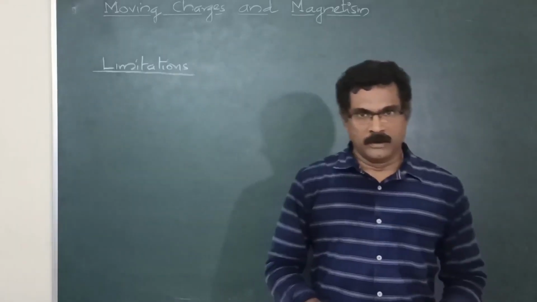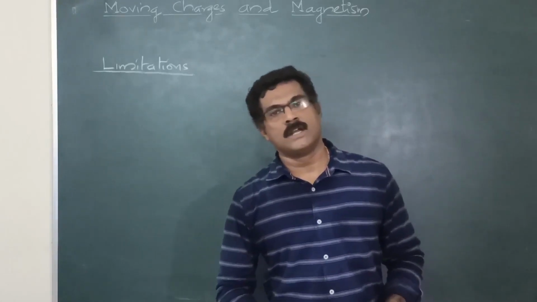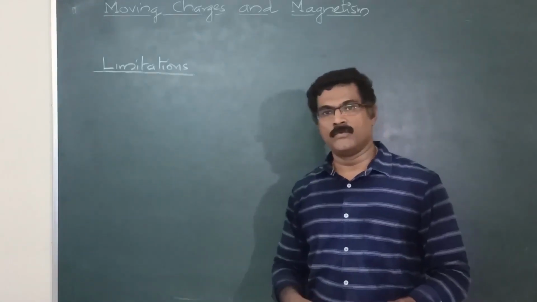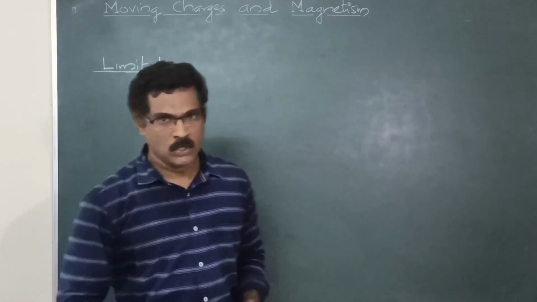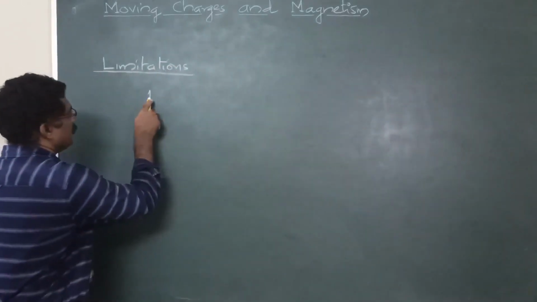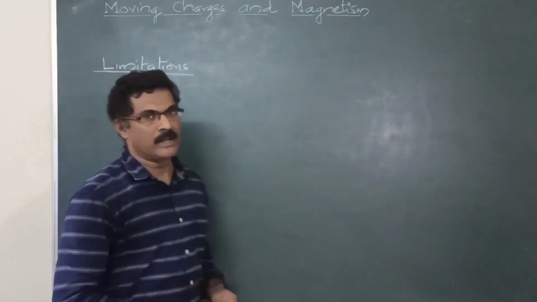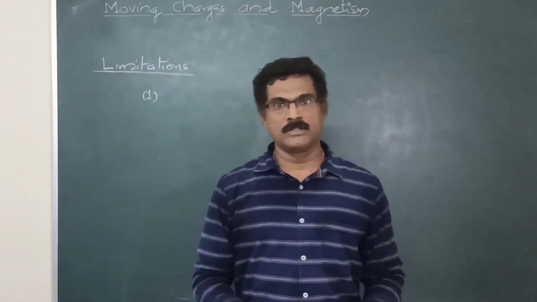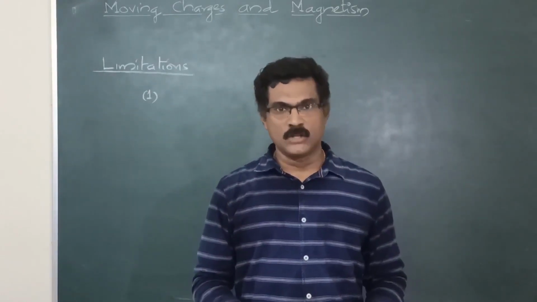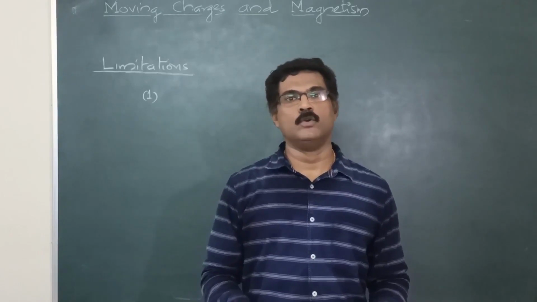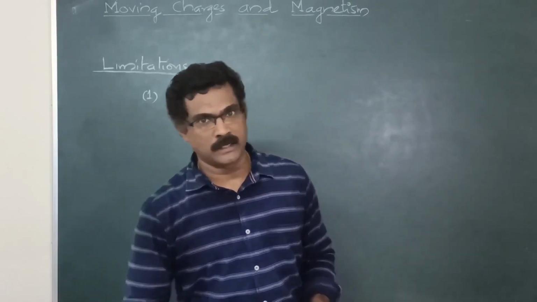Okay. Next, you can expect questions on the limitations of cyclotron. One limitation is that it cannot be used to accelerate neutrons, because a neutron has no charge. Cyclotron can be used to accelerate charged particles.